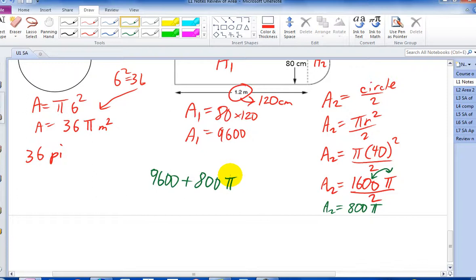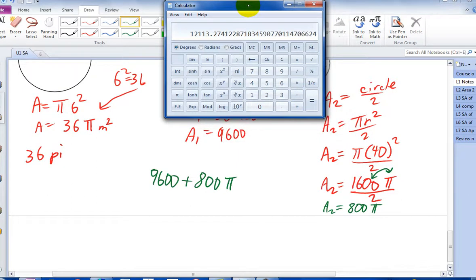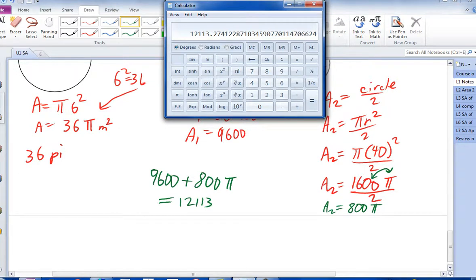Plus 9600. So you got to make sure that you're actually multiplying first and then adding. Everyone should try this if you have the calculator out. 800 times pi equals, then plus 9600. Okay. 12,113 point something.